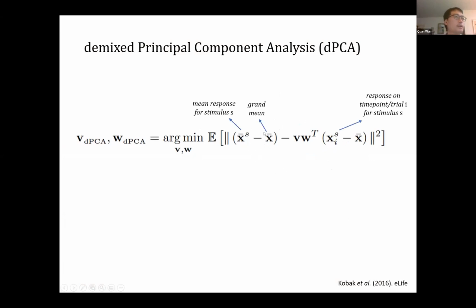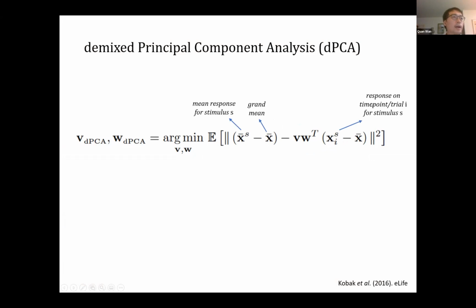Here X bar is the grand mean of the data over all trials, time points, and stimulus conditions. And X_S is the mean response for stimulus S. This term captures how the stimulus means fluctuate around the grand mean, the stimulus-specific variance.